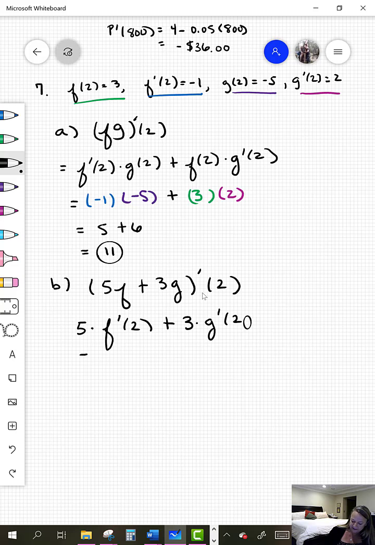So we have 5 times f prime of 2, which we saw up here was -1, so times -1, plus 3 all times g prime of 2, and g prime of 2 was 2.